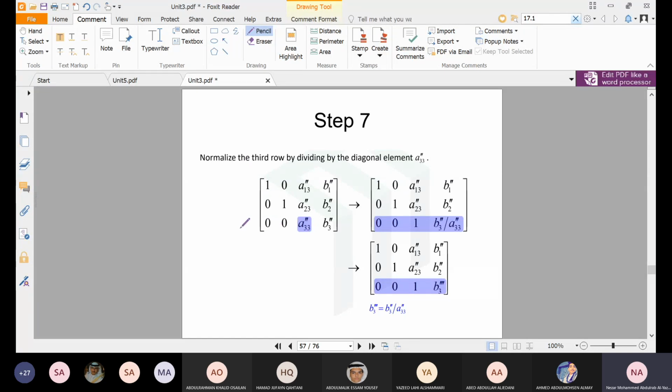That means I will divide row number 3 over A33 double prime. I will normalize this one, I will get 1 here, and this coefficient will change. After that, I want to do elimination by canceling this coefficient. That means I will cancel x3 from the other rows, the coefficient of x3.